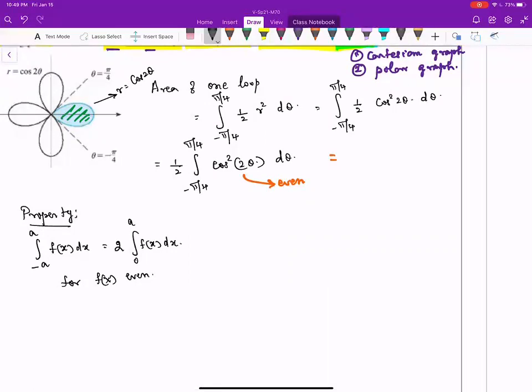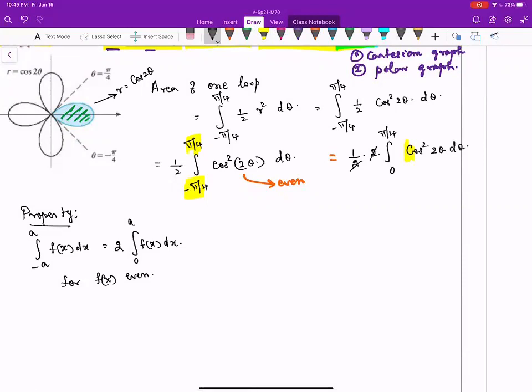Cosine square being even, we can write this as half of twice the integral 0 to pi by 4 of cosine square 2 theta d theta. So 2 and 2 cancel out.